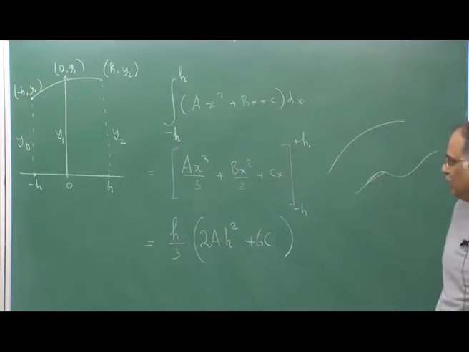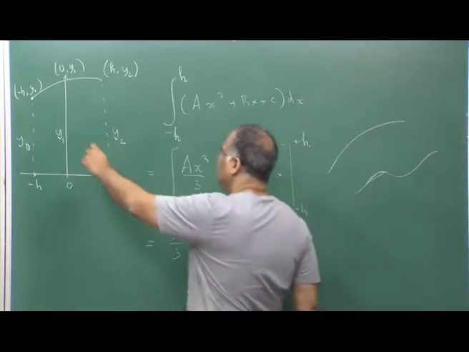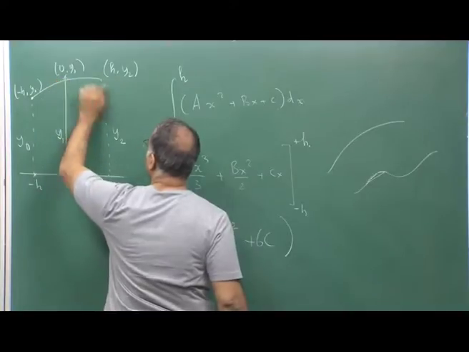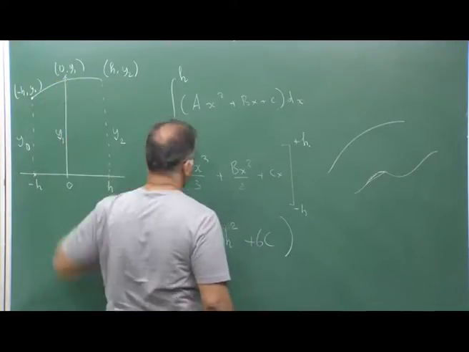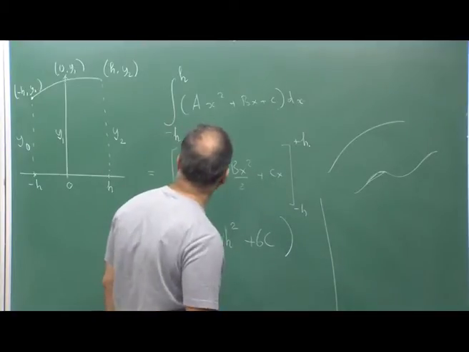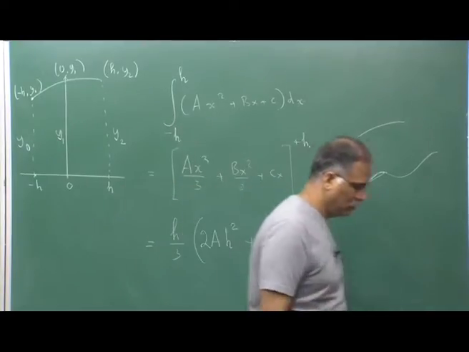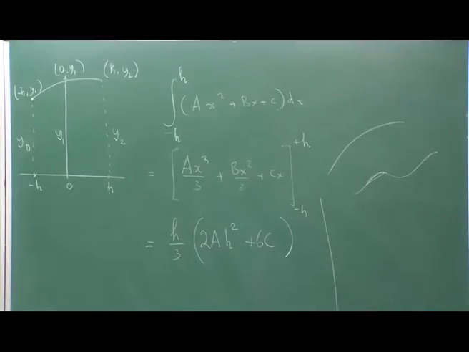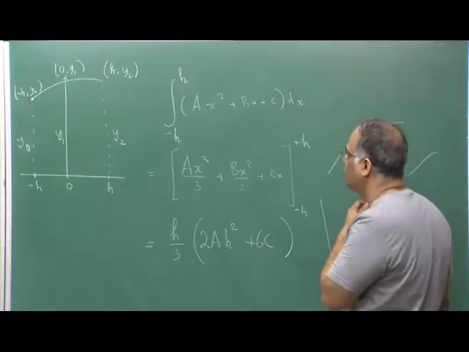So, how do I do it? I know that the curve passes through the points minus h, y0, then 0, y1, and h, y2. So you know it passes through minus h, y0.